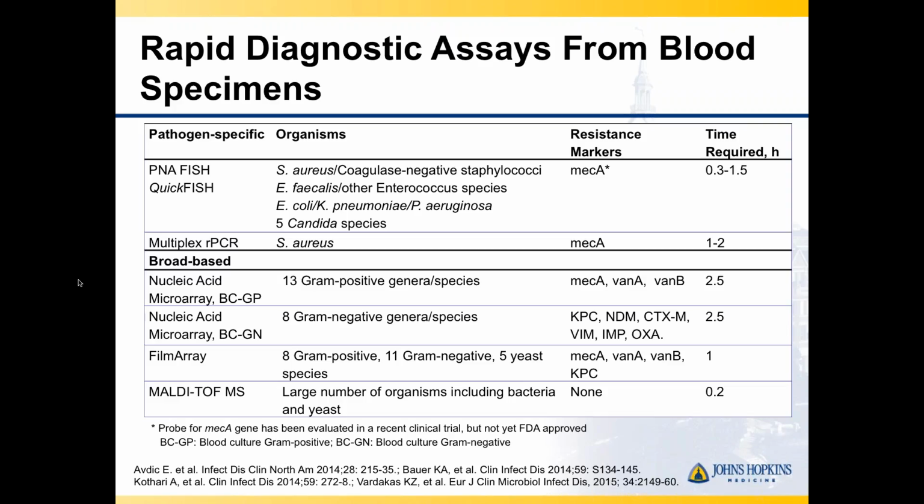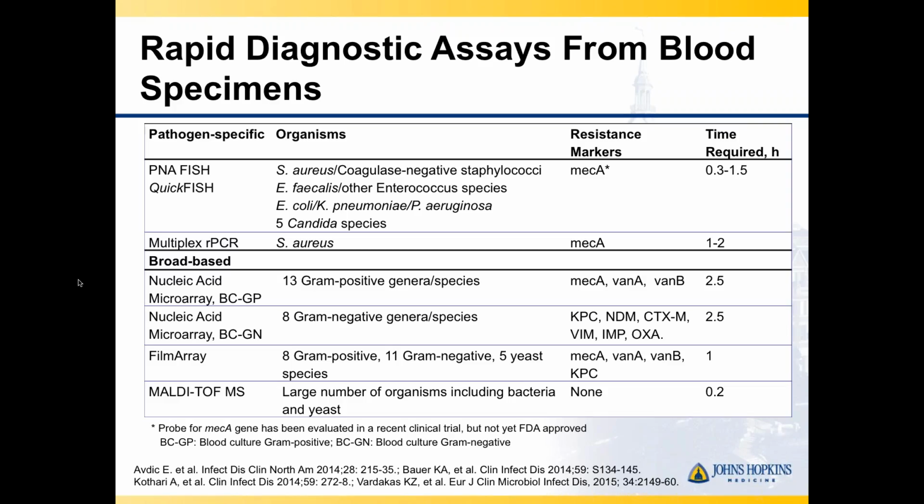At this time, they don't have an FDA-cleared resistance marker, but they are working on, or at least have, a resistance marker for mecA, which distinguishes MRSA from MSSA. There's also multiplex PCR that can differentiate staph aureus from coagulase-negative staph, and also has resistance markers. And there are several broad-based technologies, which include nucleic acid macroarray.